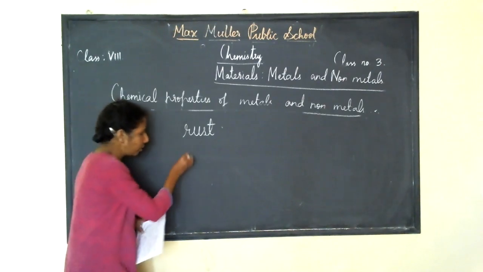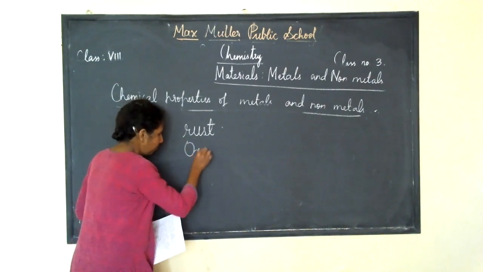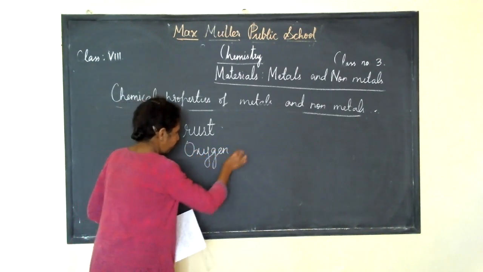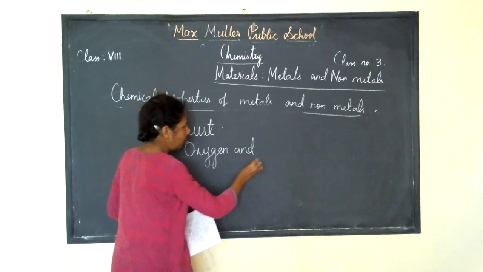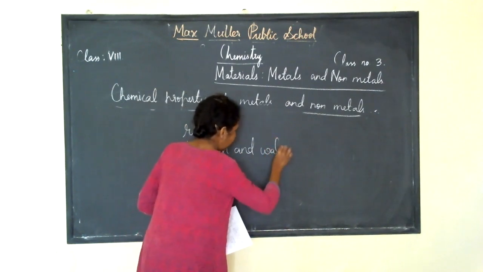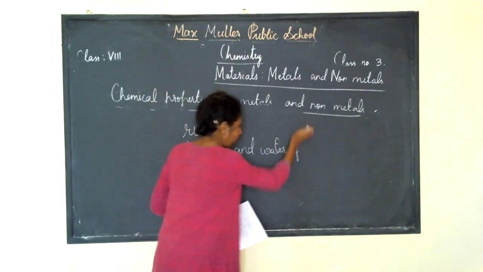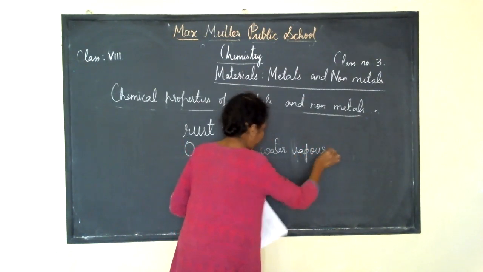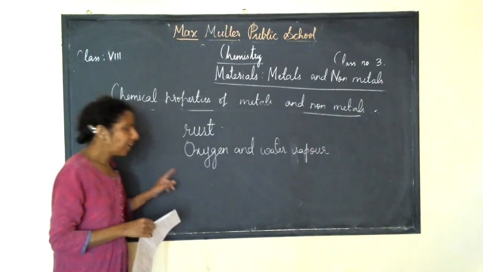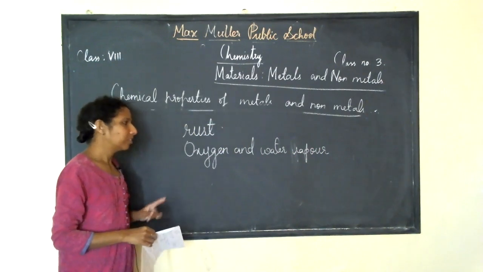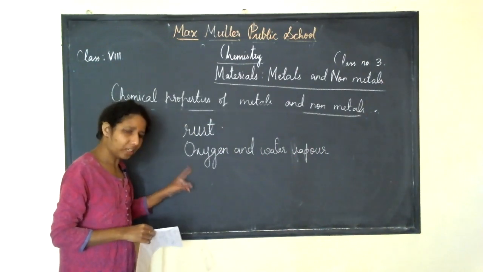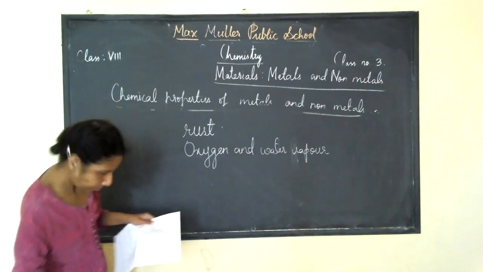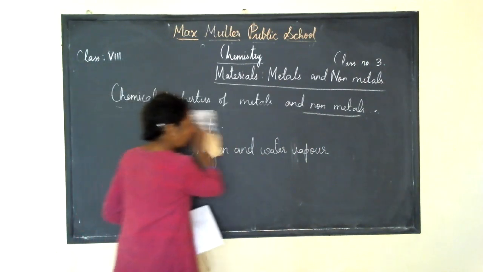Oxygen and water vapor of air are the necessary conditions for rusting.